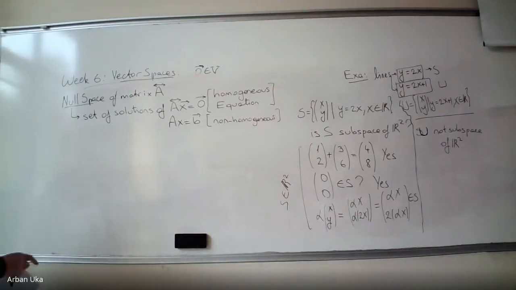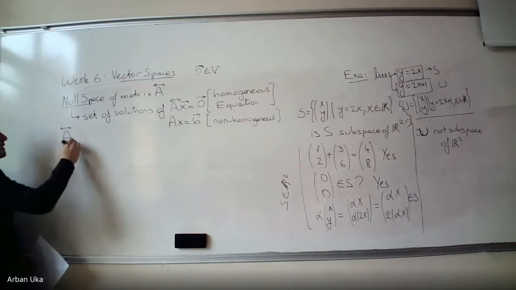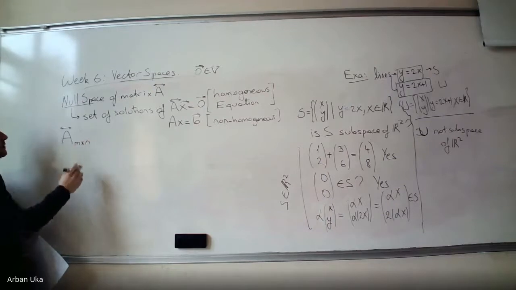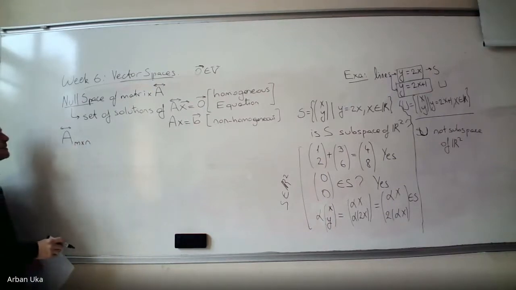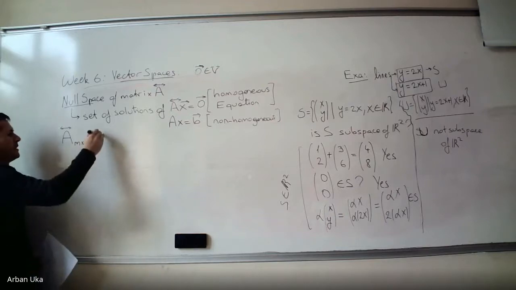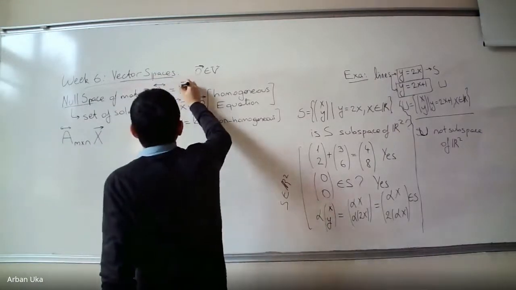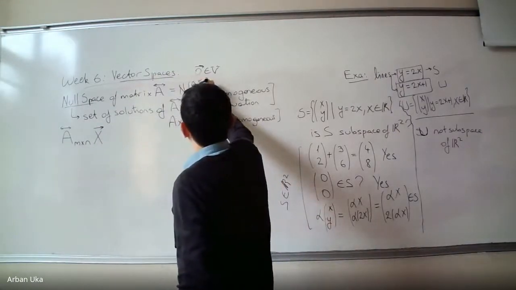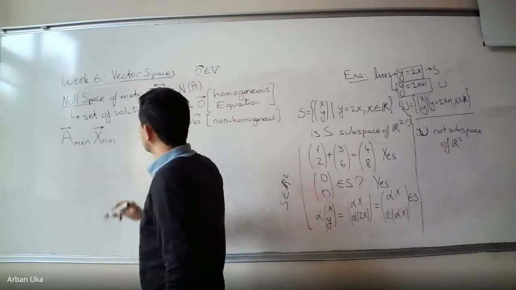Now, we said this is a set of solutions. Let's try to get a more common understanding. Let's assume that A is n by n. Then what is the vector x? What is the dimension of vector x? How many entries does this have? N by 1, right?